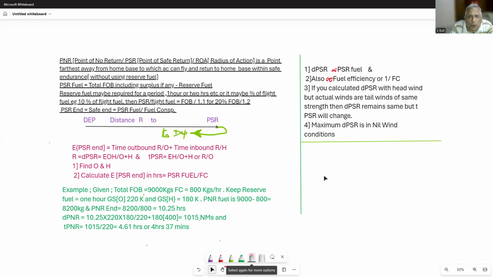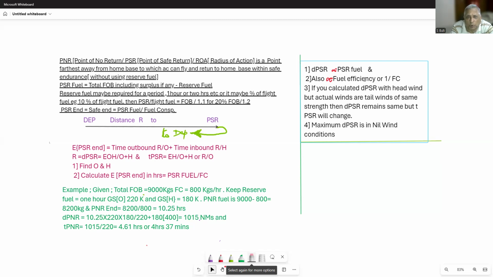Now, a few points to remember are that your distance to this PSR point is primarily dependent only on fuel. If your fuel increases by 20%, the distance which you calculated originally will also increase by 20%.